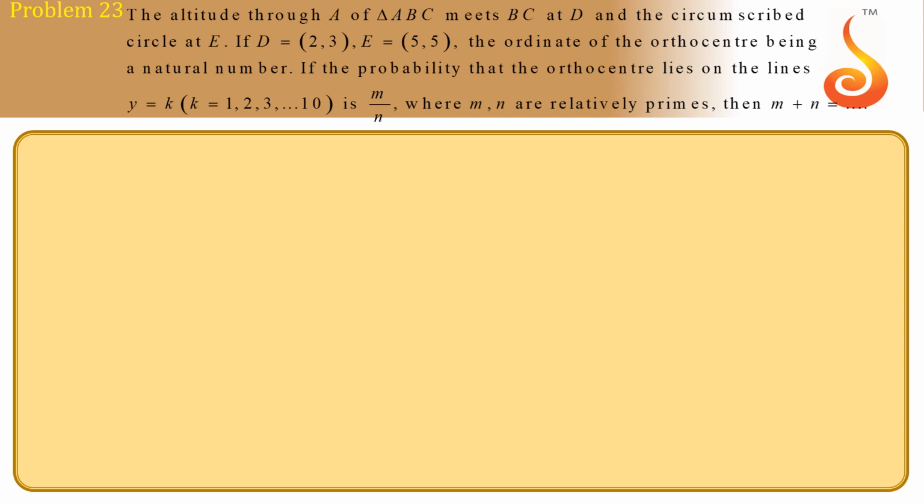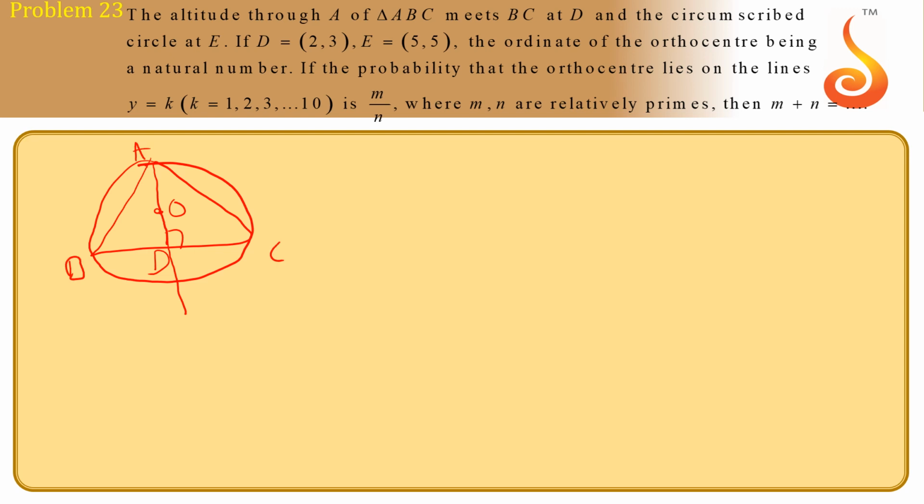So here, triangle, circumcircle, altitude, if it is extended, so O is the orthocenter, assume it is meeting BC at D and the circumcircle at E, then you know that OD equals DE. Assume that the orthocenter is some (x, y).